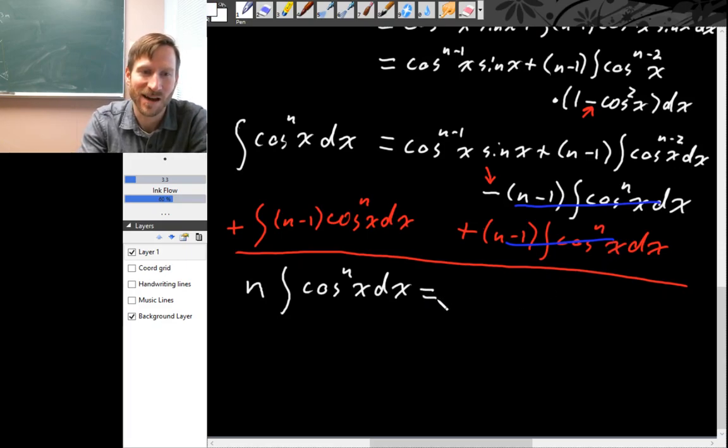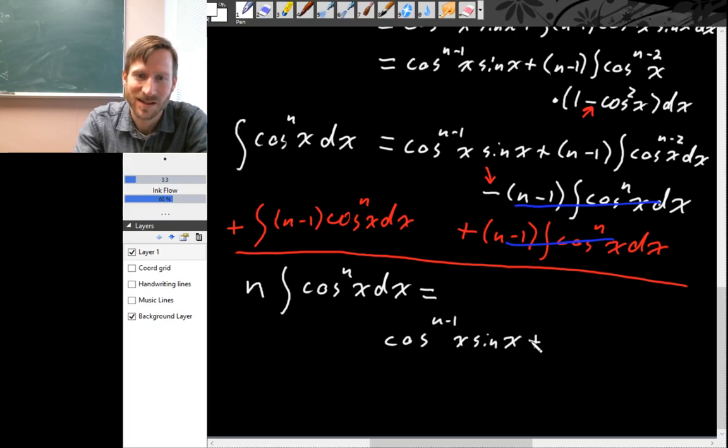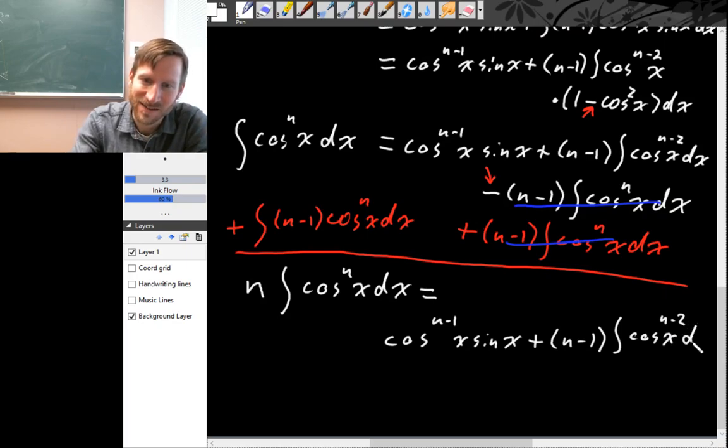And the right-hand side becomes cosine to the n minus first of x times sine of x plus n minus 1 times the integral of cosine to the n minus 2 of x dx.